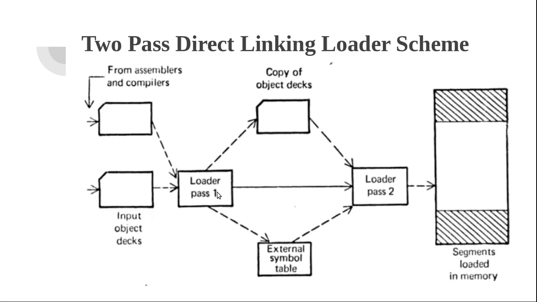Then, when we are passing through each segment, if it contains any external symbol, the external symbol along with its name and corresponding absolute address value will be stored in the external symbol table. So each time an external symbol is encountered, it will assign the absolute address value to that symbol and it will be stored into the external symbol table.